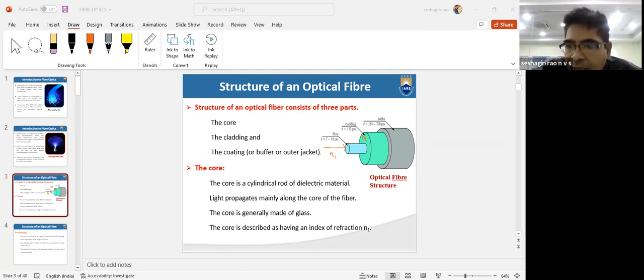This buffer jacket is further protected by strength members. Strength members mean that though we apply a lot of pressure on the fiber, the core, the cladding and all the parts of the fiber should remain unchanged. That is why this layer is arranged over the buffer jacket, to provide necessary toughness and tensile strength to the fiber.